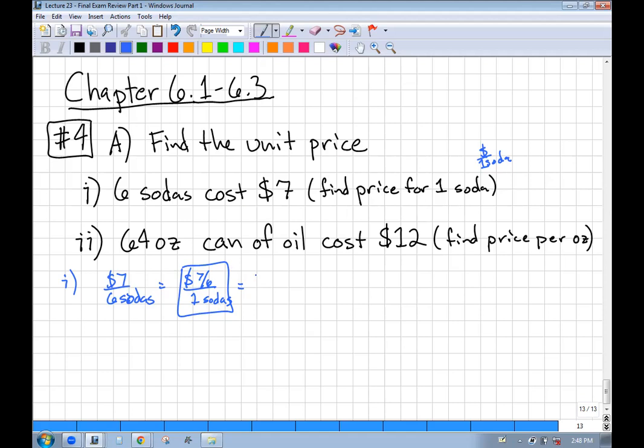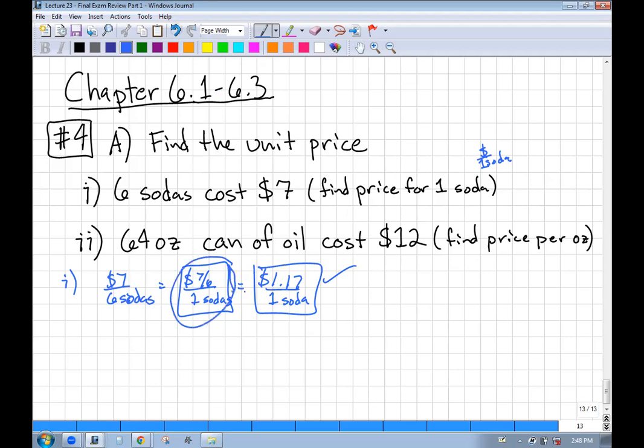This is 1.17 dollars per one soda. This is what they're looking for. This is legit, but nobody ever says $7/6. This is an exact answer.